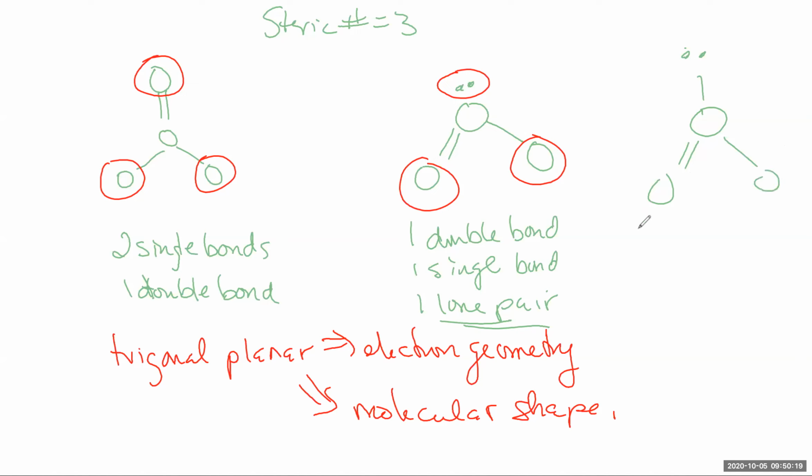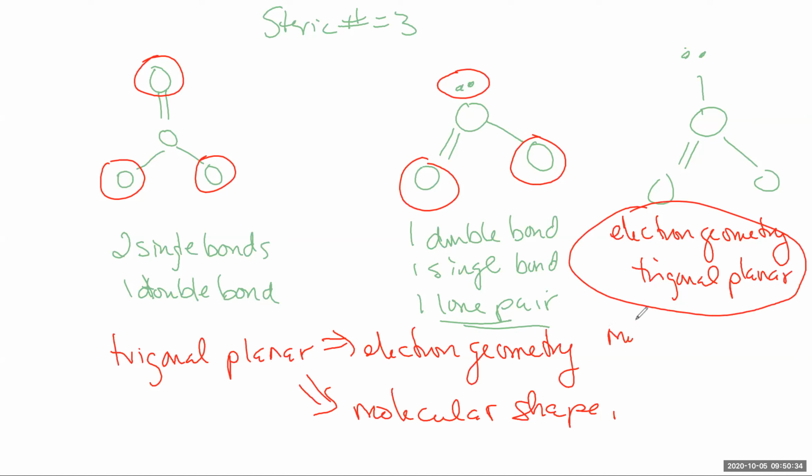So my electron geometry is the same as it was over here. It's trigonal planar. But my molecular shape, or some people call this molecular geometry, is going to be different, because when we talk about the shape of the molecule, we only look at where atoms are.